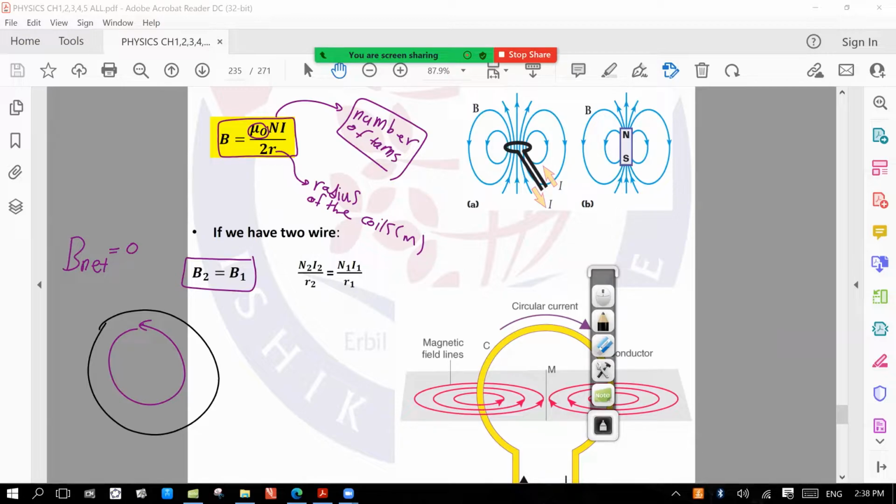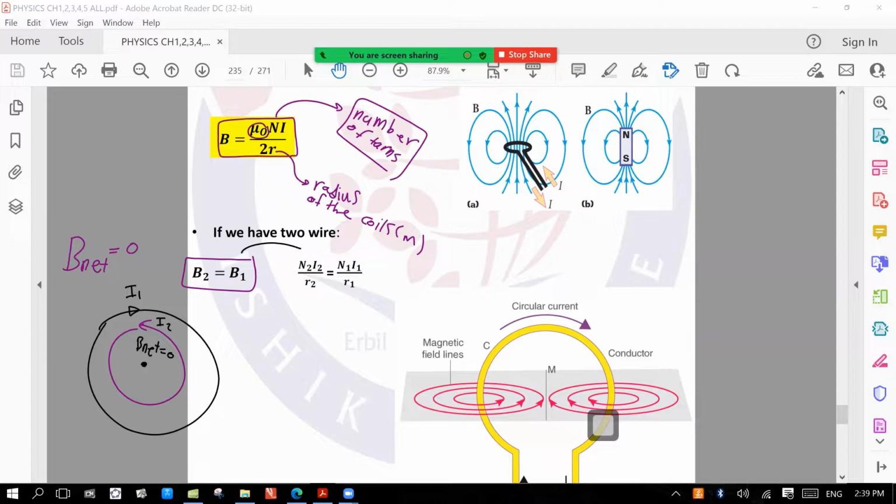So if the current in one of them goes in that direction, that's the current 1, that's the current 2. In that case, at the center, we will have one field out, one field in, because of two different directions. So B net at the center, the magnitude of it is going to be equal to 0. So it means B1 is equal to B2.